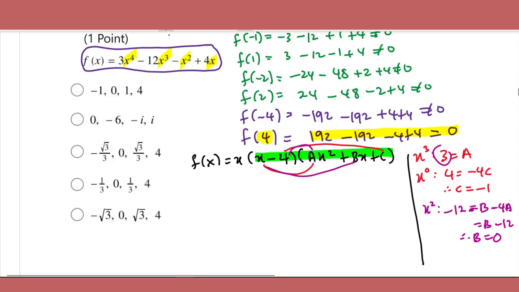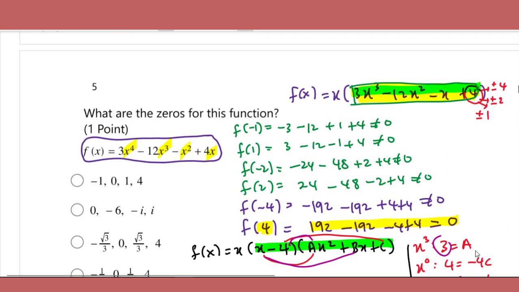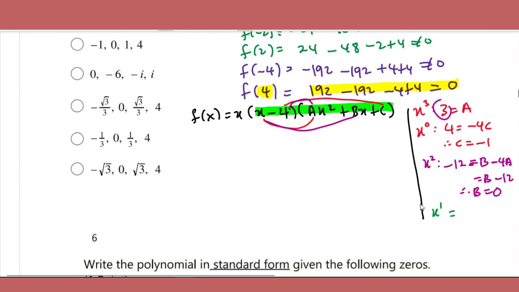Then double check by comparing the x term: here it is negative 1, produced by c minus 4b, with c equal to negative 1 and b equal to 0, so negative 4b equals 0.